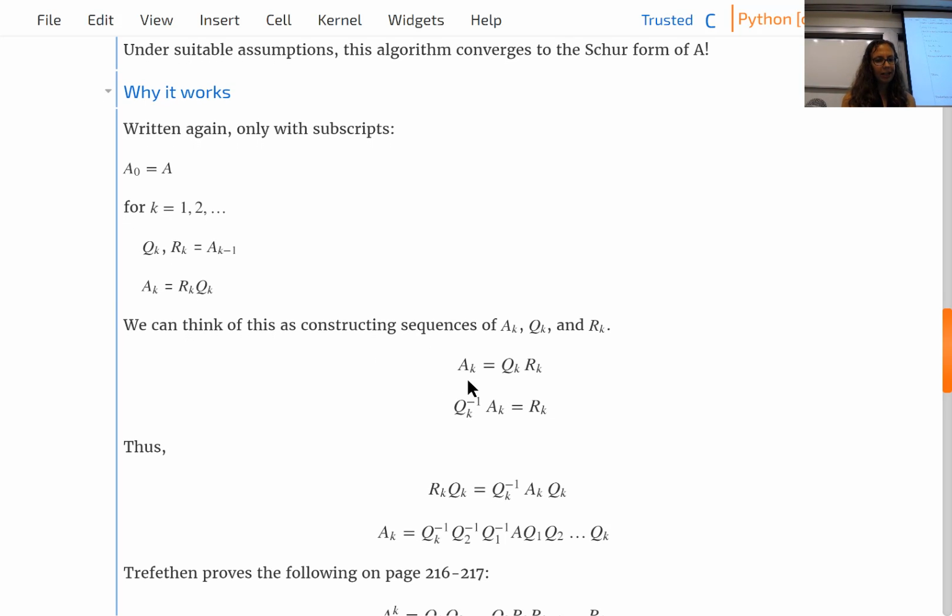So one way to think about this is, A_k equals Q_k times R_k, because that's the definition of a QR factorization. Then we could multiply by Q inverse on each side and get Q_k inverse times A_k equals R_k. And why is that when I multiply by Q inverse?